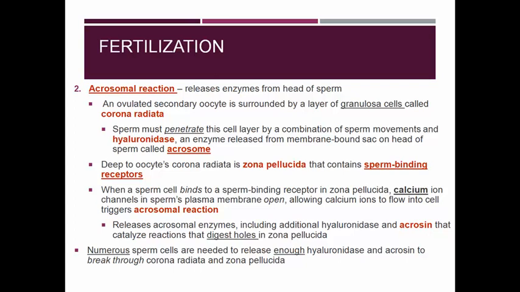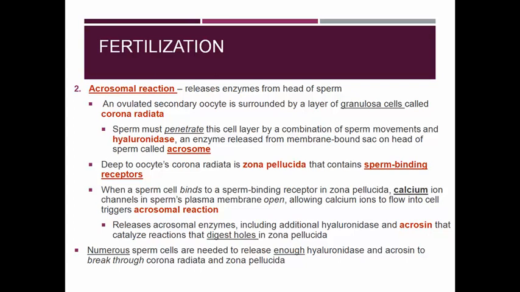So what happens here is those enzymes are released from the acrosome, including the hyaluronidase and acrosin. So those two enzymes are released. They catabolically now will digest holes in the zona pellucida. You have numerous sperm cells that are trying to get in.